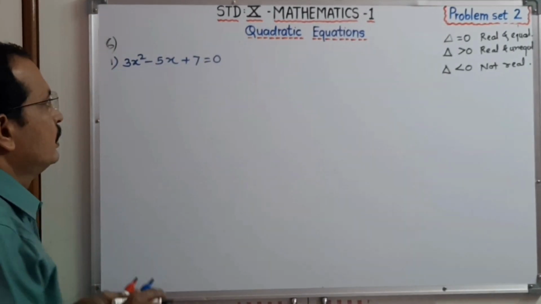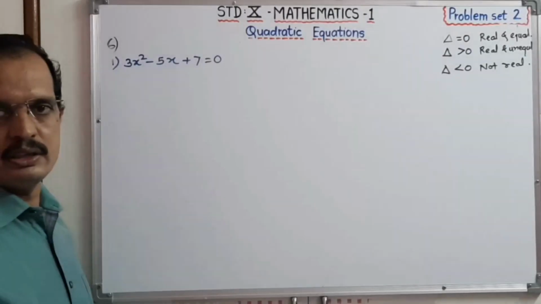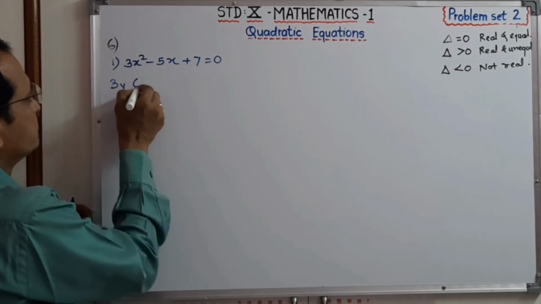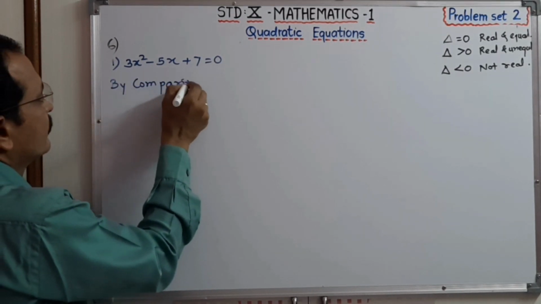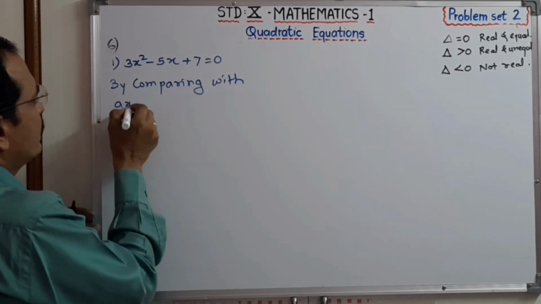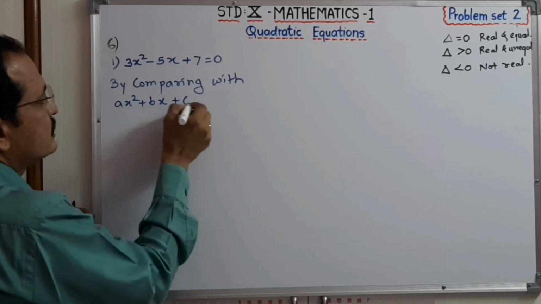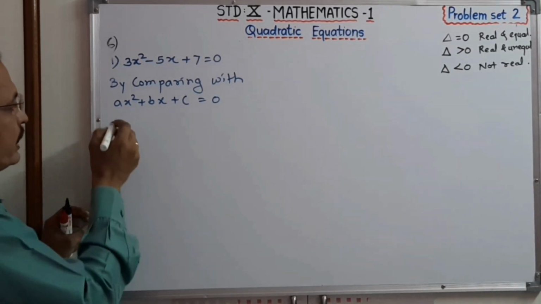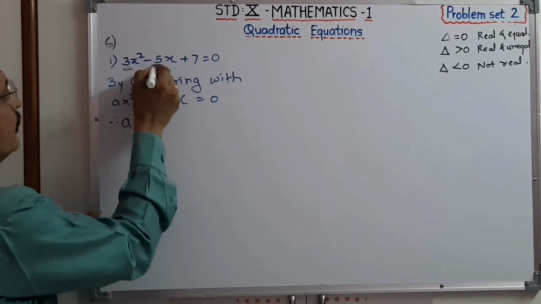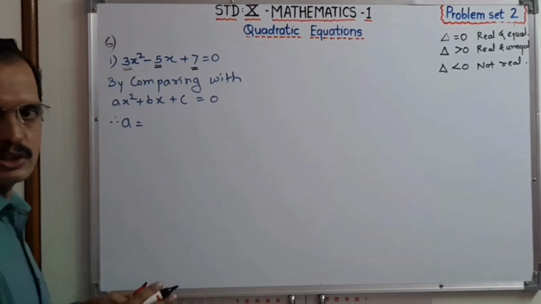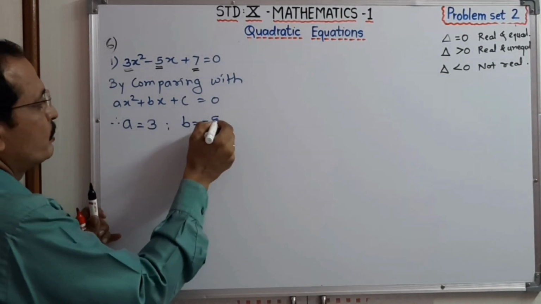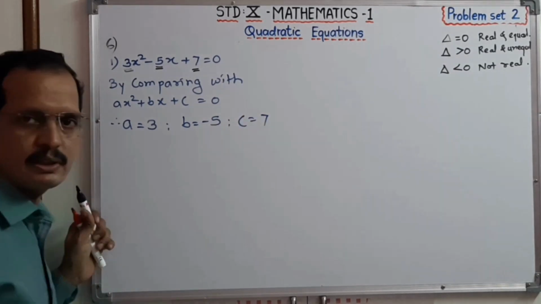Now see here, the equation is already in standard form. Therefore, by comparing with ax square plus bx plus c equal to 0, we get here a is equal to 3, b is equal to minus 5, and c is equal to 7.